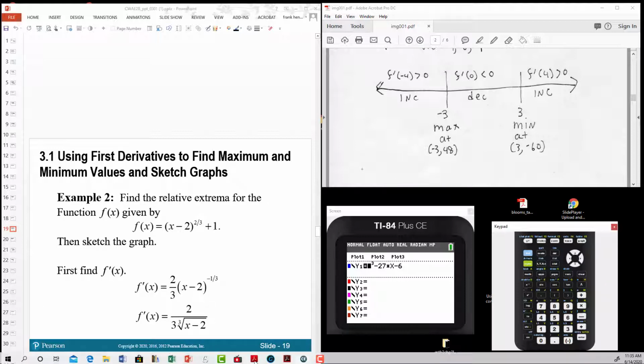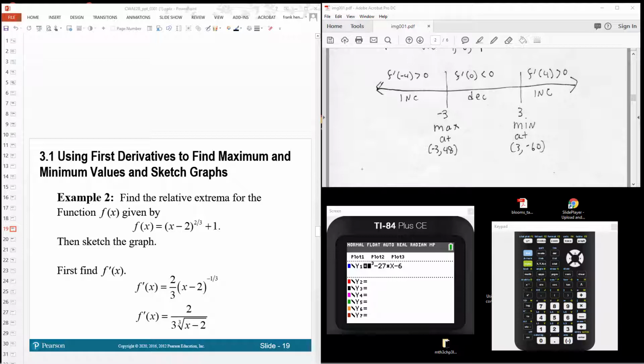Let's look at another one. This one here, we're graphing it, find the extremum, and then sketch the graph.